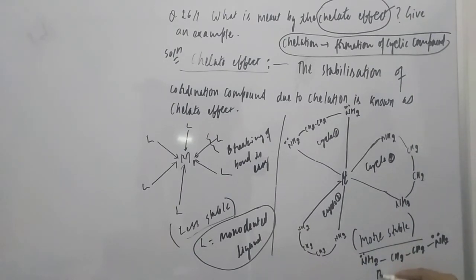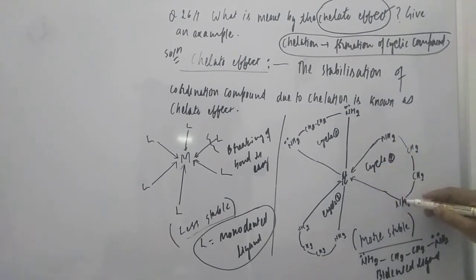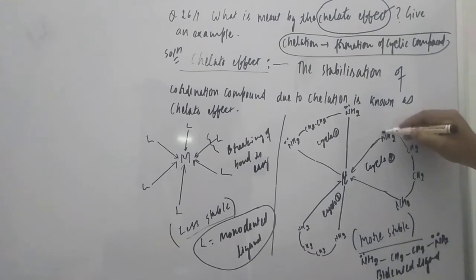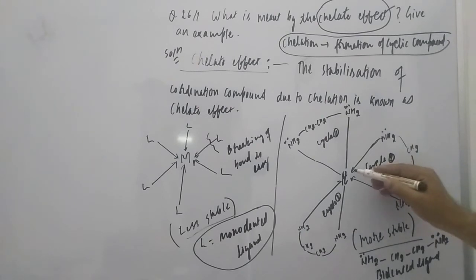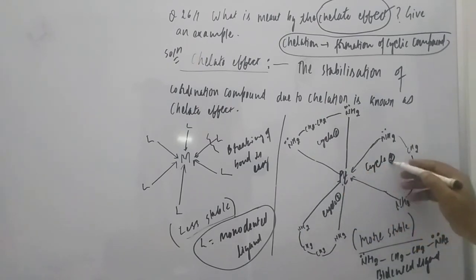So it is a bidentate ligand, and it can connect with the metal. The NH2 of one end and the NH2 of the other end of the same ligand join together with the central metal, and it forms a cyclic compound.